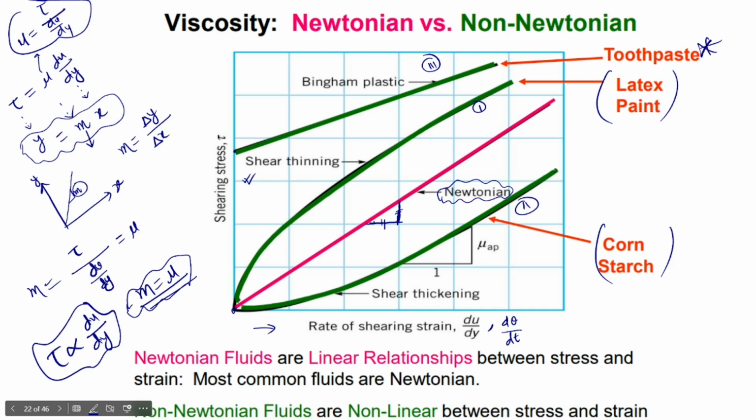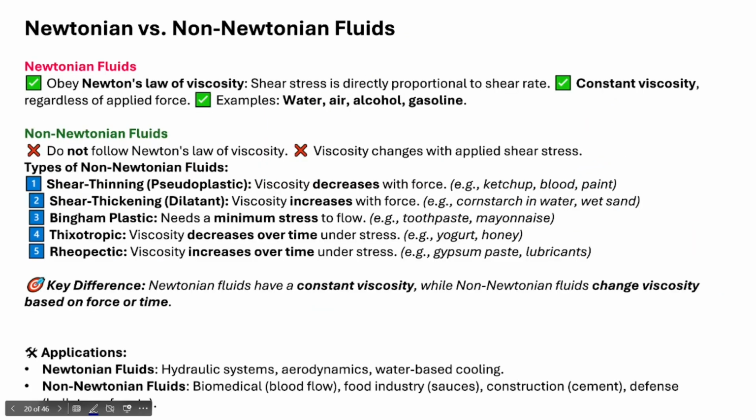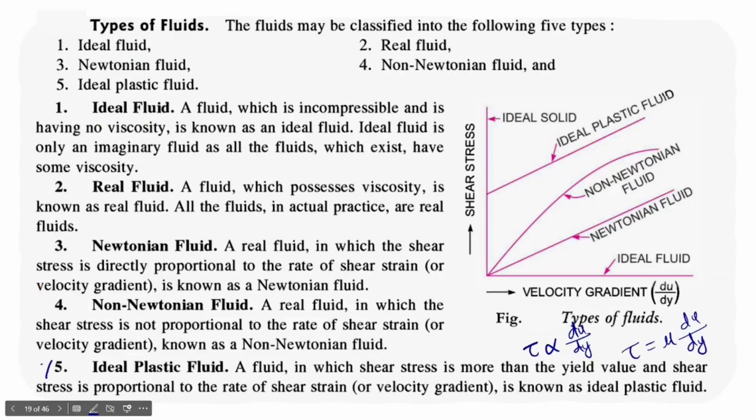If you keep it upside down like this, it will not start flowing. But if you squeeze it, it is going to start flowing. That means it needs a threshold value to start its flow. That's why you call it Bingham plastic, and this is also known as ideal plastic fluids.